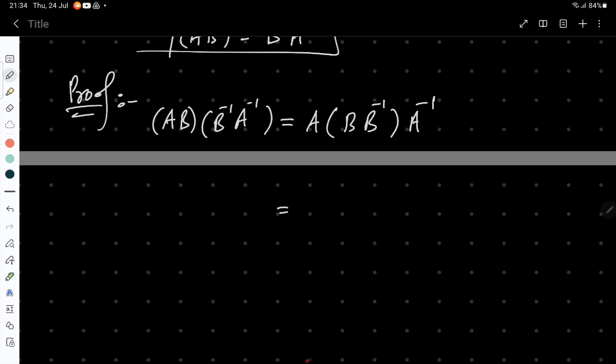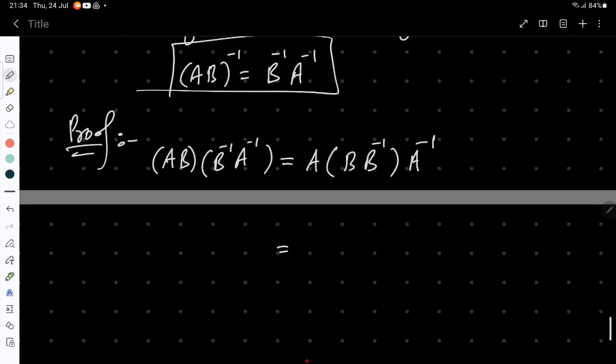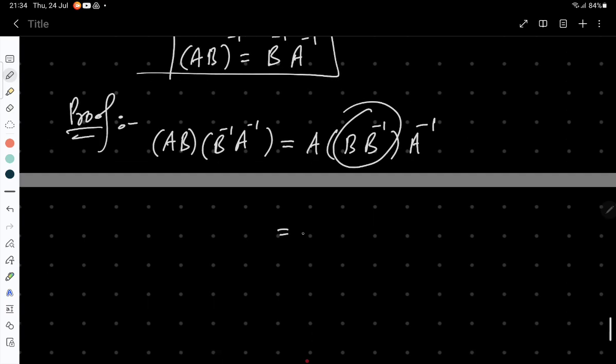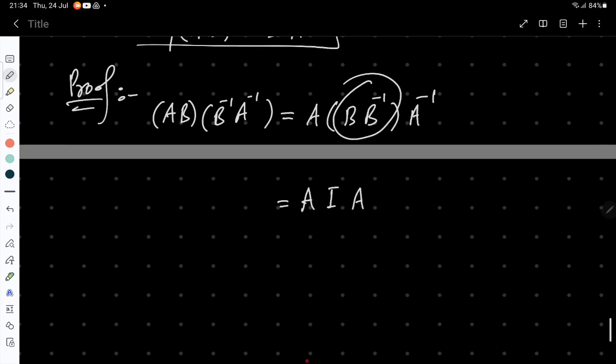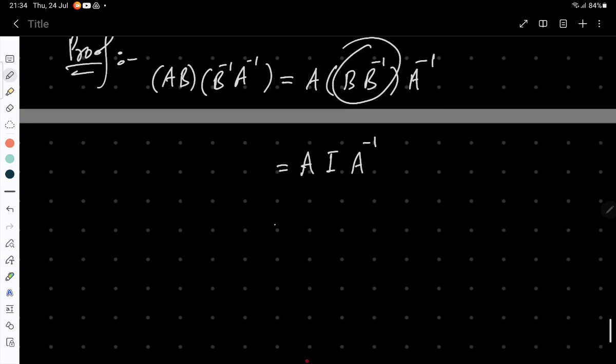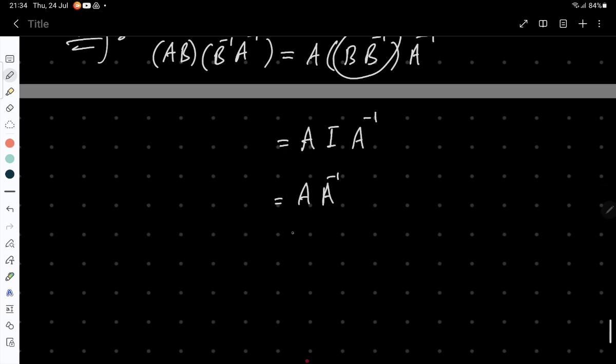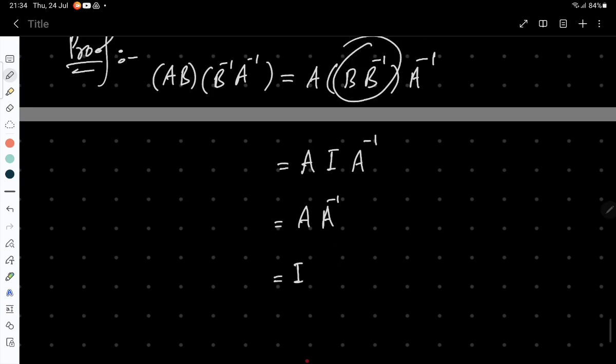Since B and B inverse are inverses of each other, if I multiply B and B inverse, I will get identity. So this is identity times A inverse. If we multiply identity with any matrix, we will get the same matrix. If I multiply identity with A inverse, I will get A inverse. Again, A and A inverse are inverses of each other, so they will give me identity.